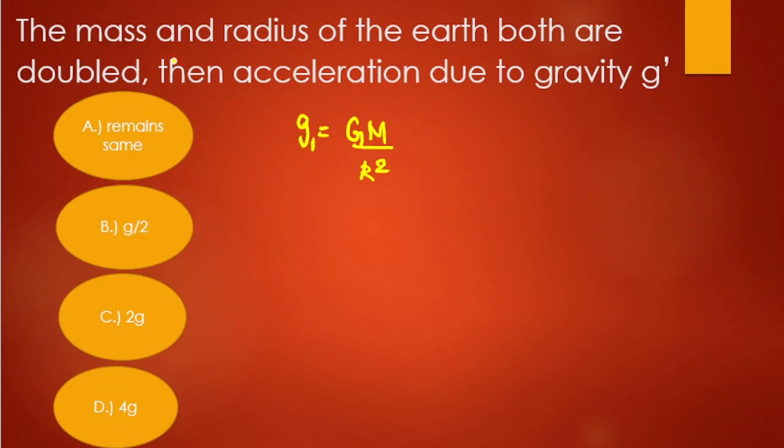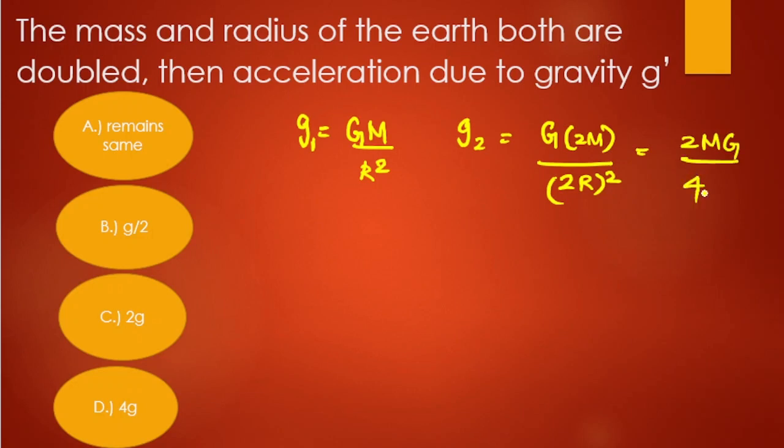Later, for the acceleration due to gravity, the mass and radius both are increased. In the sense, my g2 is equal to G times 2M by 2R the whole square. Now what will be this g2? Your g2 will be 2MG by 4R square.